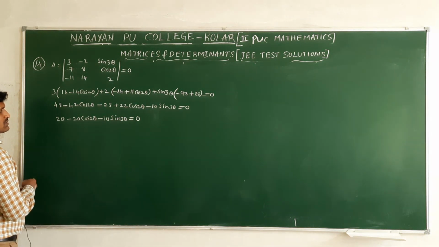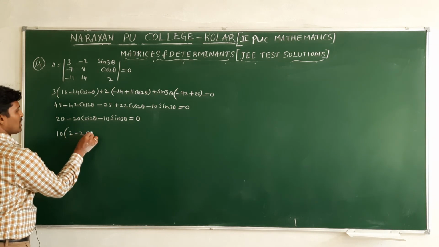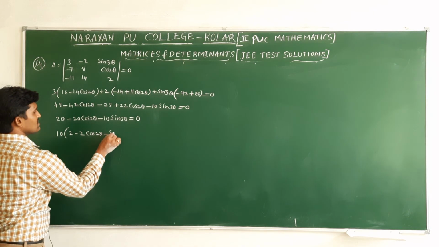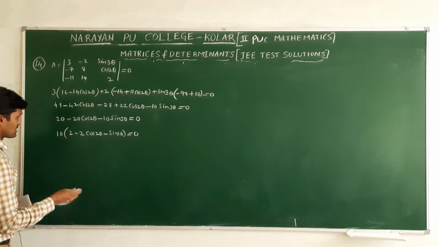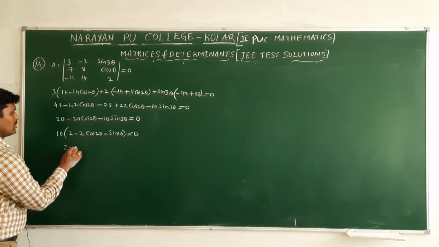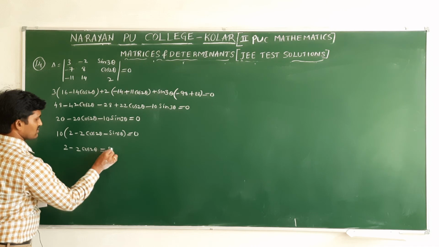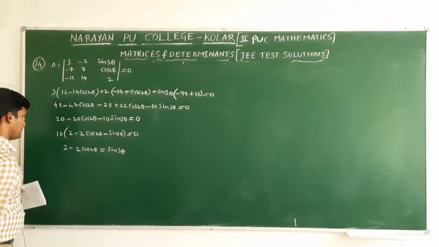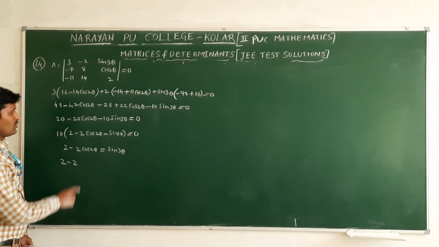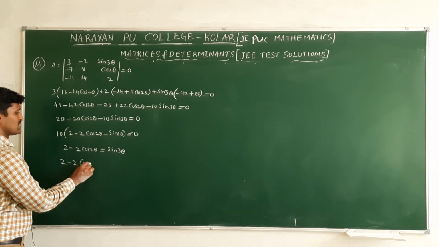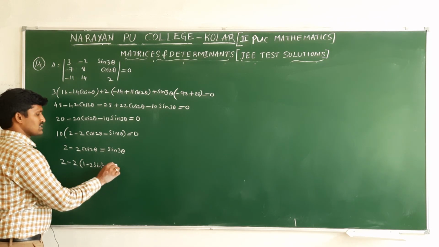Now take 10 common from this, remaining 2 minus 2 cos 2 theta minus sin 3 theta equal to 0. Take the sin 3 theta to the other side, remaining 2 minus 2 cos 2 theta equals sin 3 theta. 2 common, I can write it with 2 outside also. We need sin now, that's why cos in terms of only sin: the formula 1 minus 2 sin square theta. And the sin 3 theta formula.